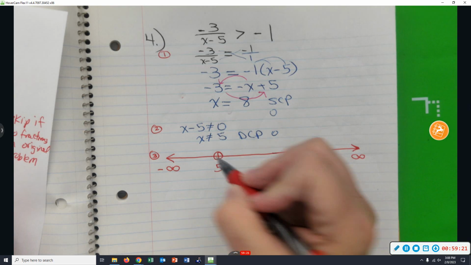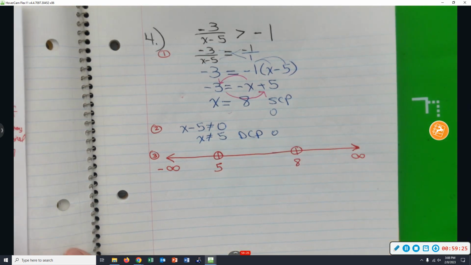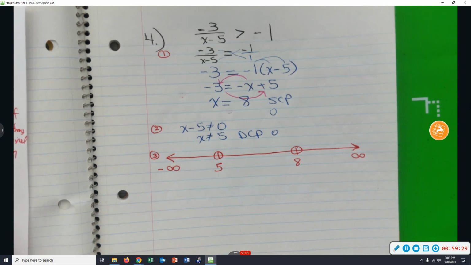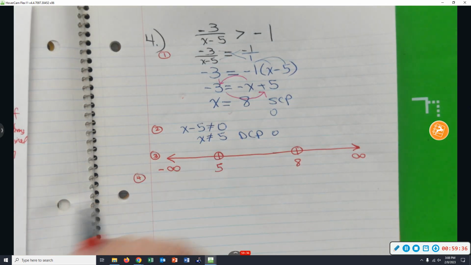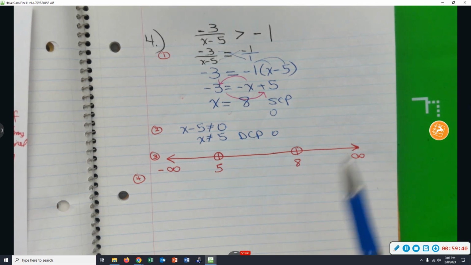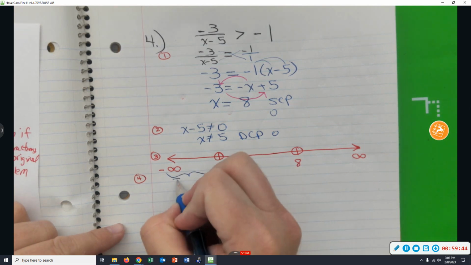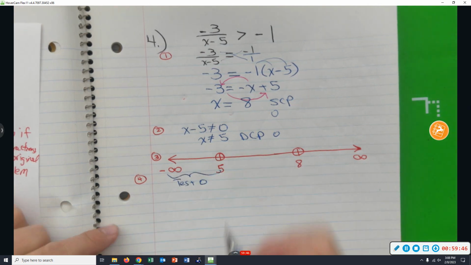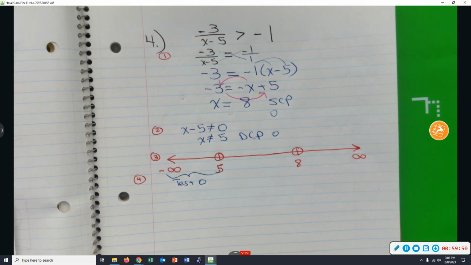Put them in numerical order. Okay. Which number do you think I'll test? 0. I'm testing intervals right now. Which interval contains 0? Interval 1, 2, or 3? 1, I'm testing 0. 0 is between negative numbers and a positive number.